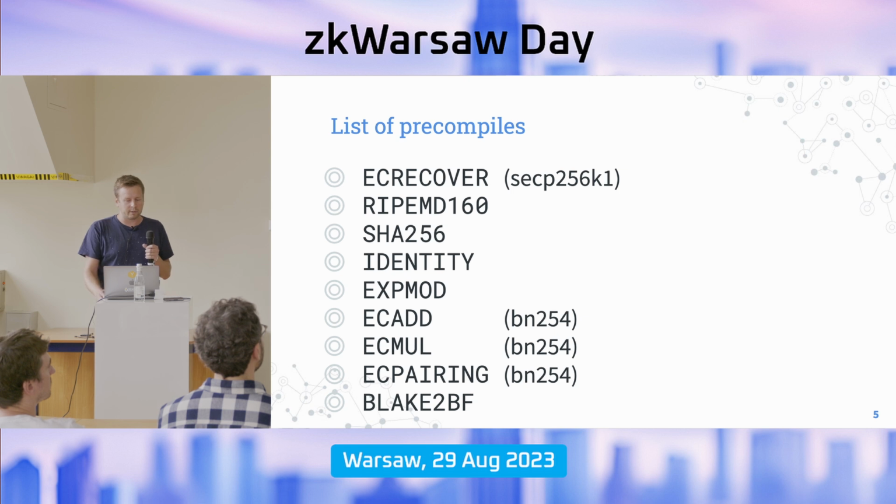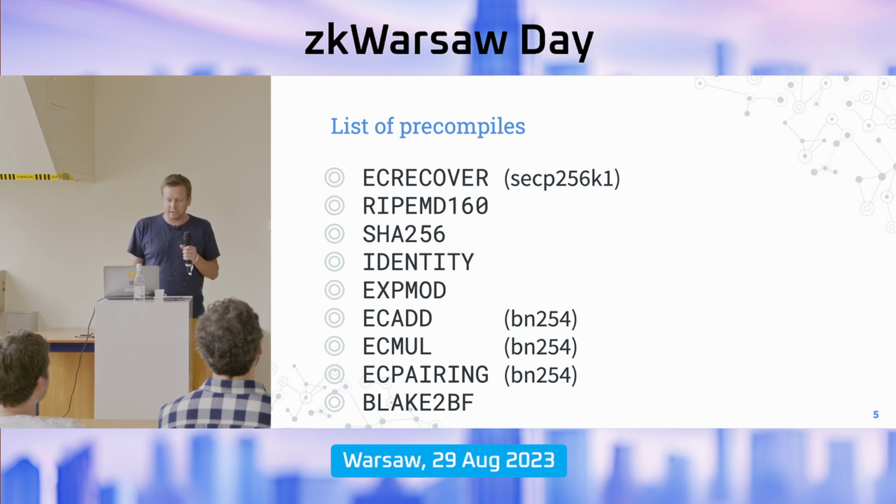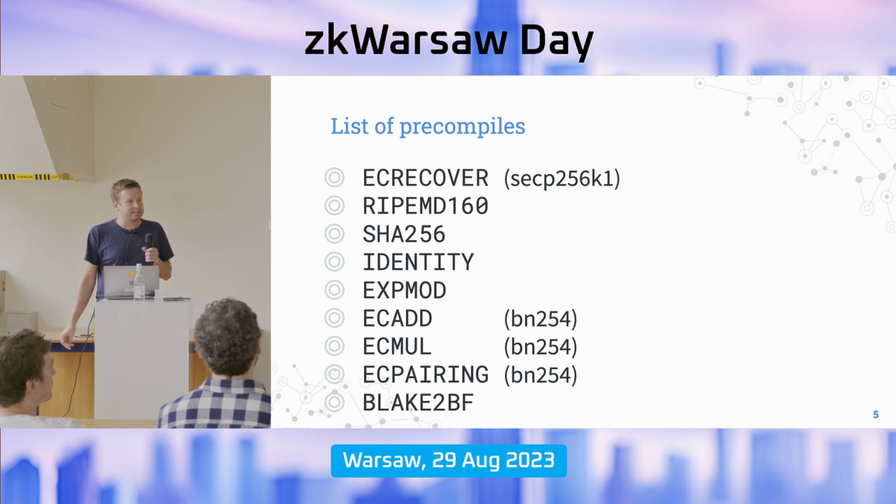And probably you already know why I'm presenting this topic here at ZK Warsaw. Take a look a little bit at the list. For those who have spent more than an hour in cryptography, it should be obvious that precompiles in EVM mean cryptography.